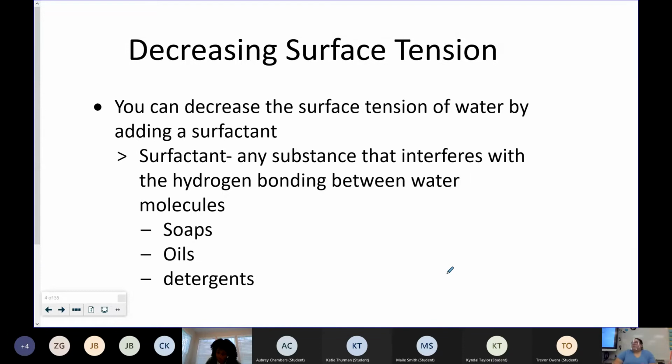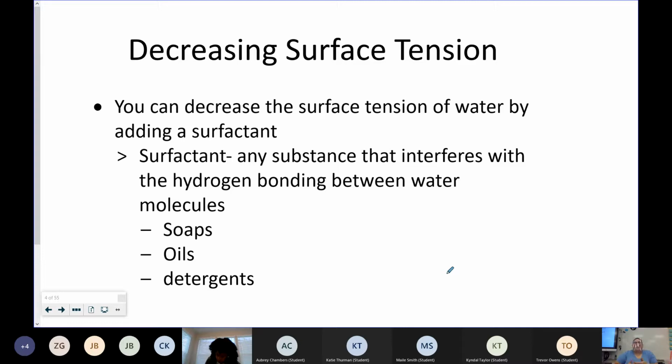All right, so whenever we're dealing with surface tension, it is possible to break apart those forces to where a liquid will not stay beaded up anymore. You can decrease the surface tension of water by adding a surfactant to it.